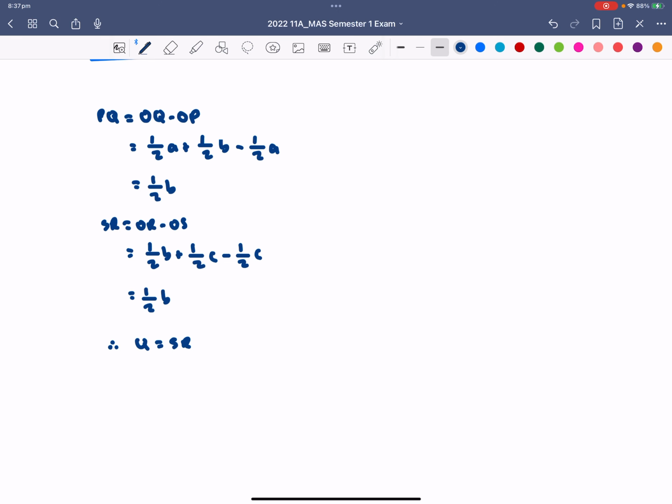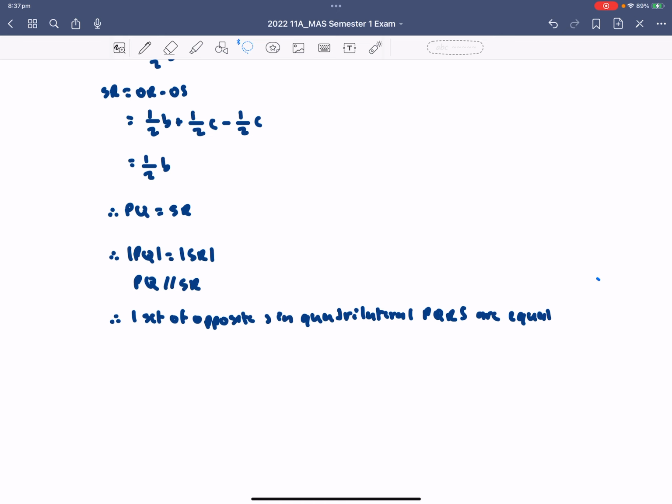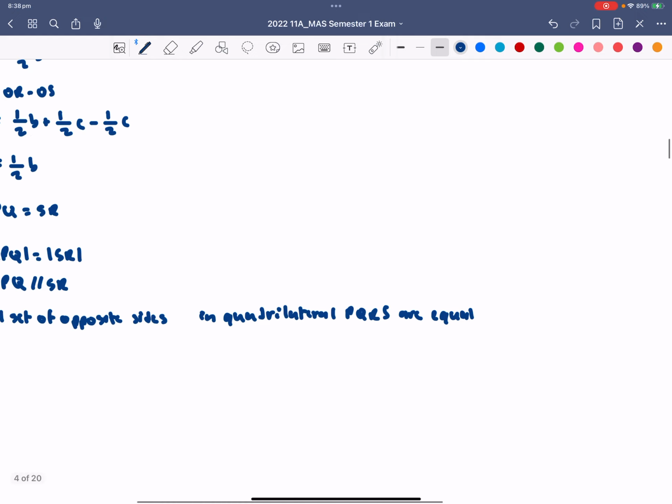You've proven that the magnitude of PQ equals the magnitude of SR, and that PQ is parallel to SR. Therefore, you've proven that one set of opposite sides in quadrilateral PQRS are equal in length and parallel.